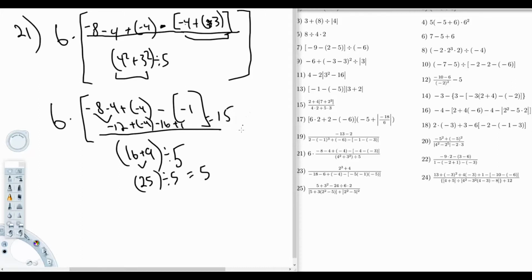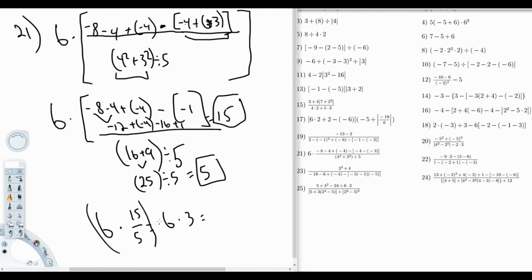So here, the top is this and the bottom is this. So let's do it. 6 times 15 over 5 equals 6 times 3, because 15 divided by 5 equals 3. You guys have to see that this is the same thing, right? That equals 18.